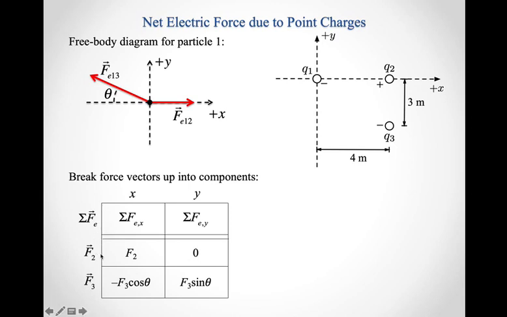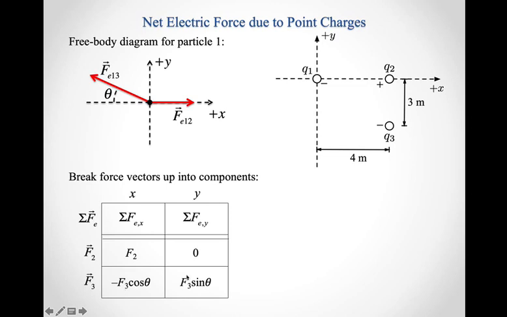And our equation just says add together these two force vectors to get the net electric force acting on particle 1. Force 2 lies along the positive x-axis, so its x component is F2, all of it, and its y component is 0. Force 3 has a negative x component and a positive y component because it points up and to the left.